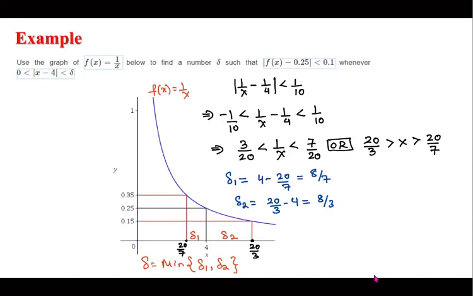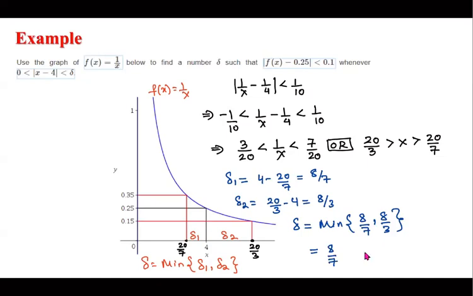But I told you delta is the minimum of those two values, the smaller of them. Let me write that clearly: 8 over 7 and 8 over 3. You can see that 8 over 7 is smaller. So your delta is 8 over 7.